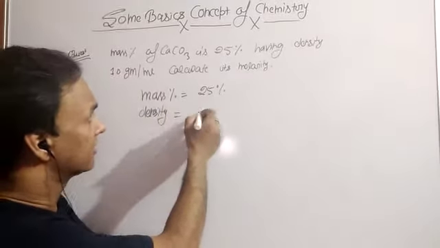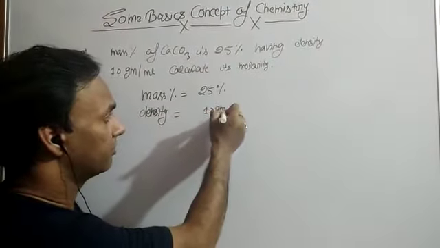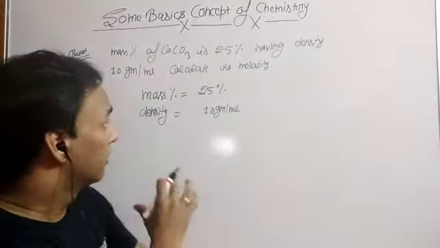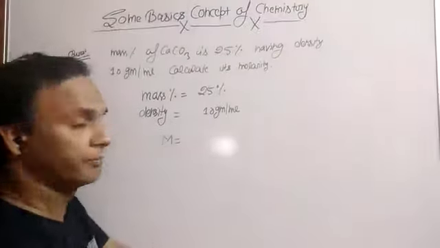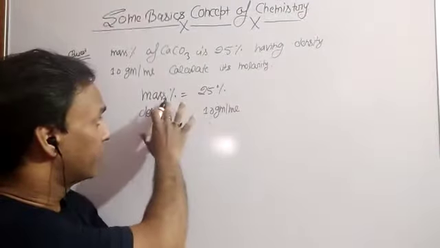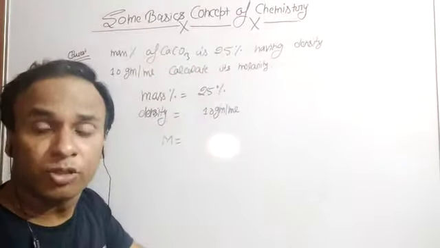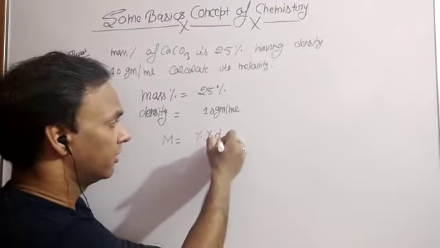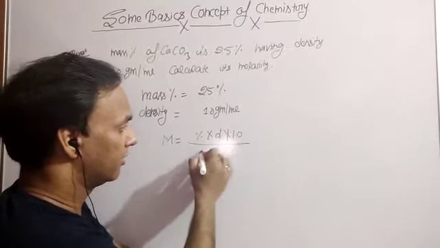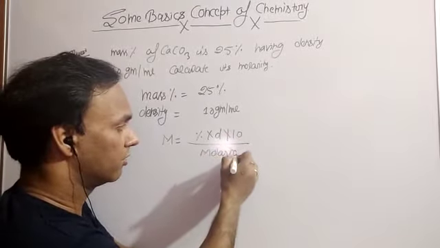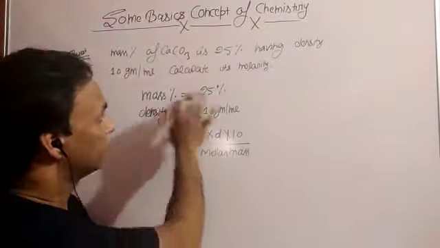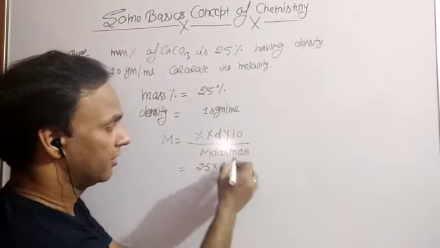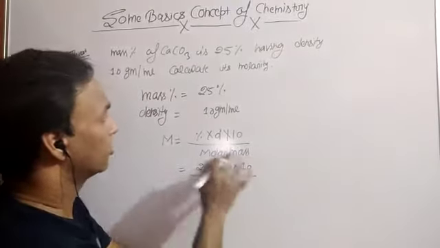The density is 10 gram per ml. Now for the molarity, in terms of mass percent and density, we use the formula mass percent into density into 10 upon molar mass. Mass percent is 25, density 10, into 10, and the molar mass of calcium carbonate.